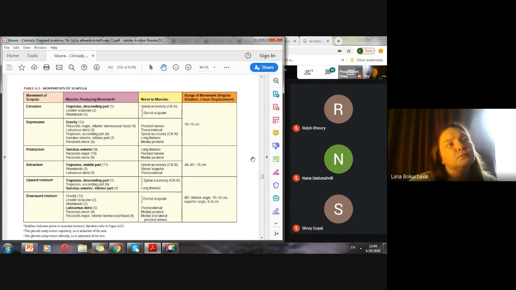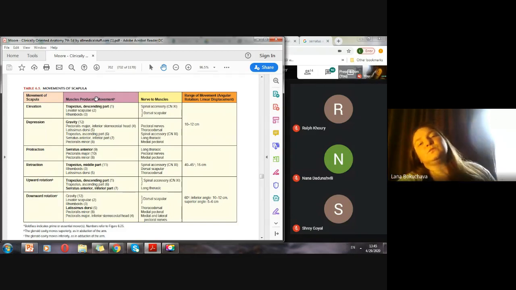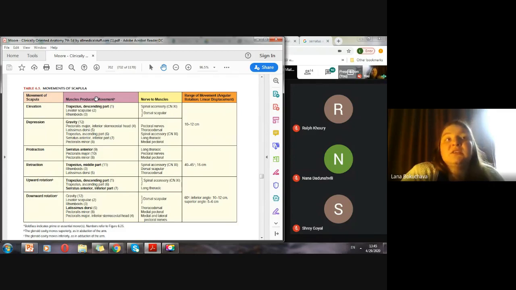What is interesting here for us is that because the trapezius muscle is much larger, it has different parts. You can see that if we talk about, for example, the descending part, the one which is descending from the nuchal ligament, sorry, the nuchal line, as well as the nuchal ligament, from the occipital bone towards the spine of the scapula, as well as its acromion.